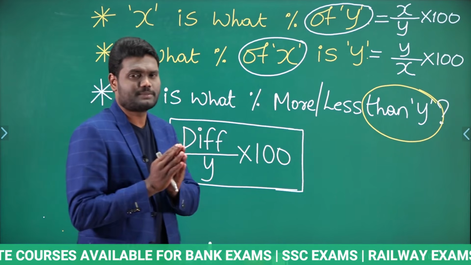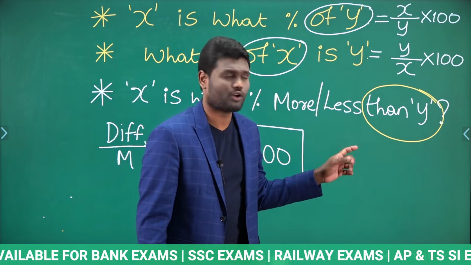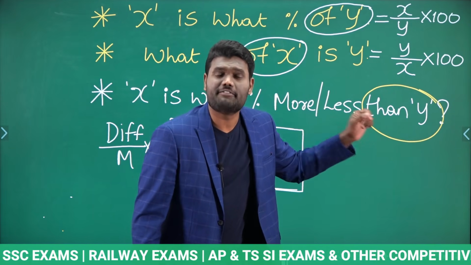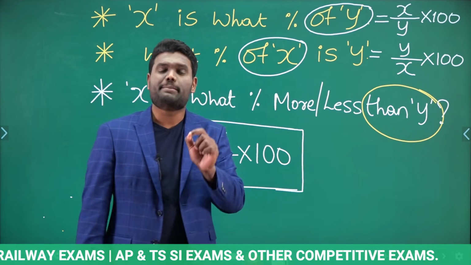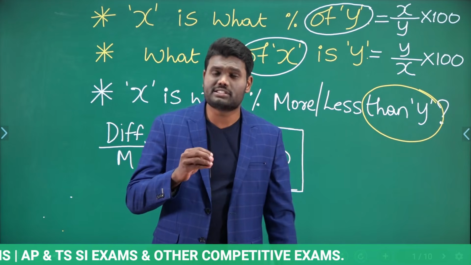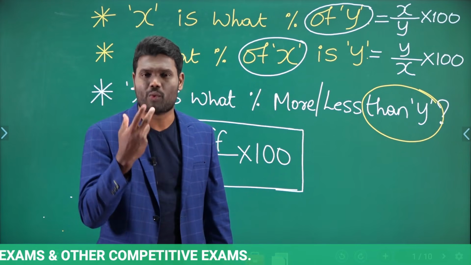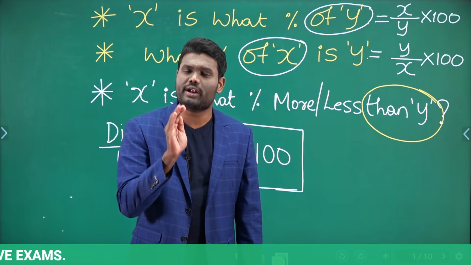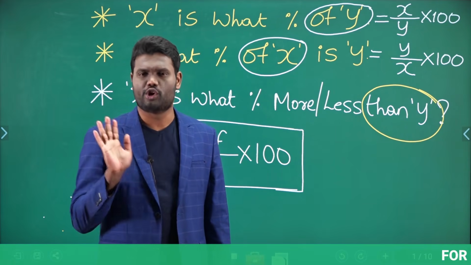So simply remember, whatever comes after "than" will be your denominator. If the statement is X is what percent more or less than Y, simply do difference by whatever comes after "than".